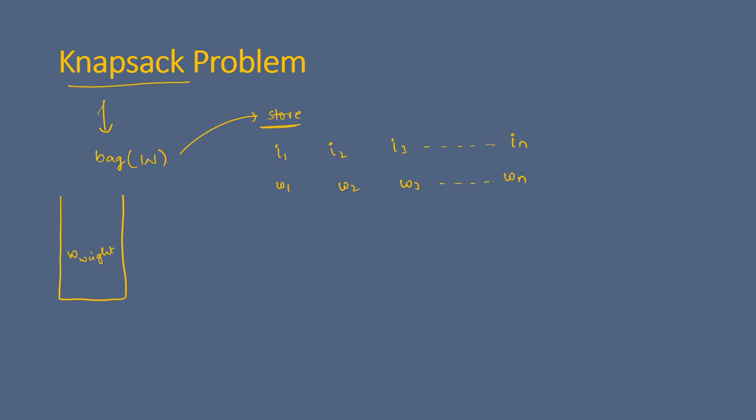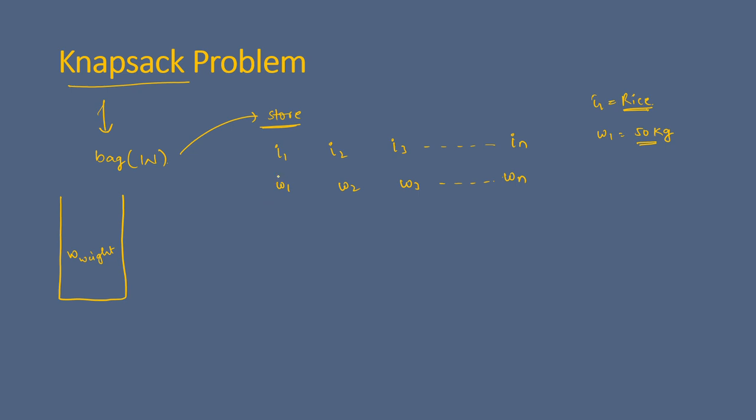For example, I1 is rice, and W1 is 50 kg, which means in this store we have rice, with 50 kgs of quantity present inside that store. Similarly, I3 has W3 weight, 43 units of that item available inside the store.